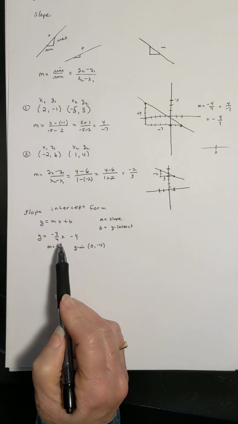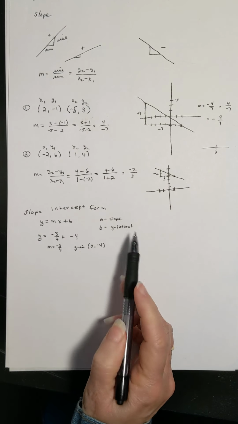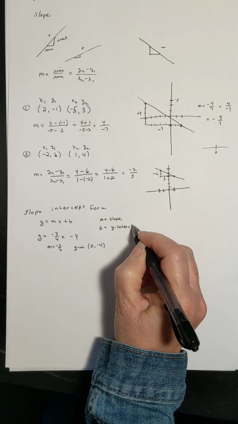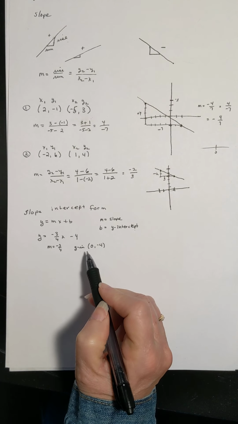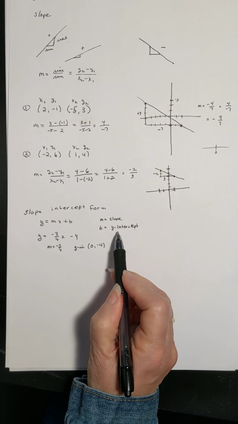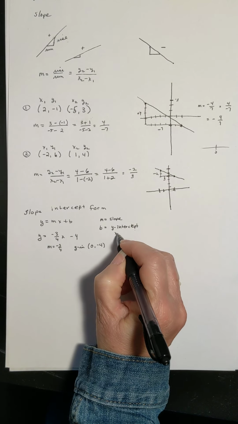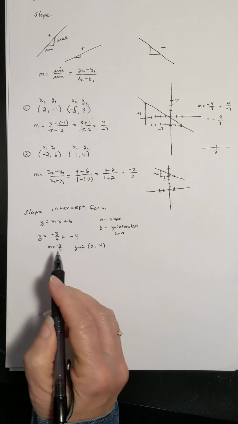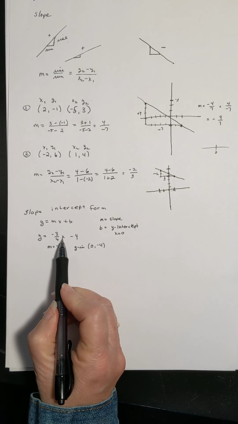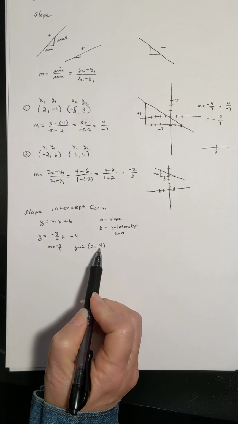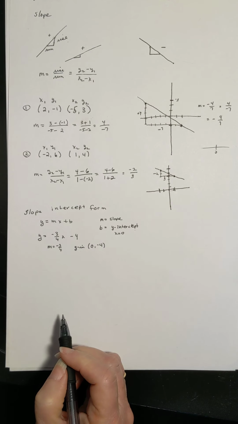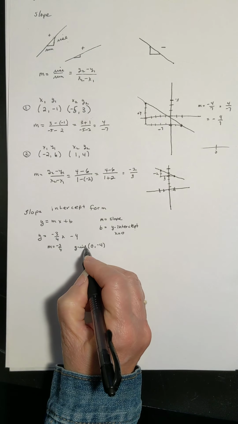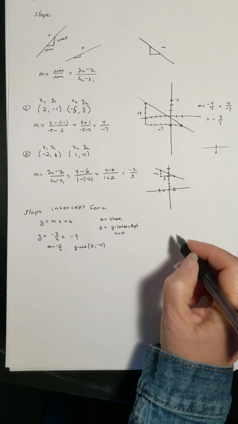Now, what is the y-intercept? The y-intercept is always where x is equal to 0, right? So if I make x 0, then negative 3/4 times 0 would be 0, minus 4 would be negative 4. So y would be equal to negative 4. All right, so my y-intercept is going to be 0, -4.